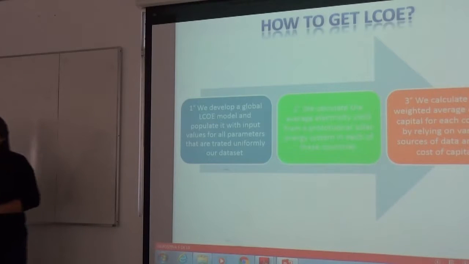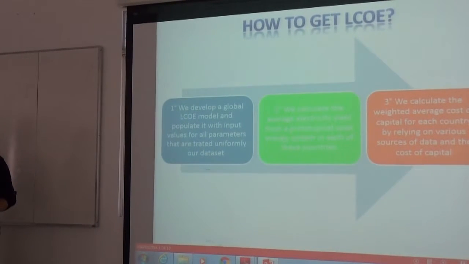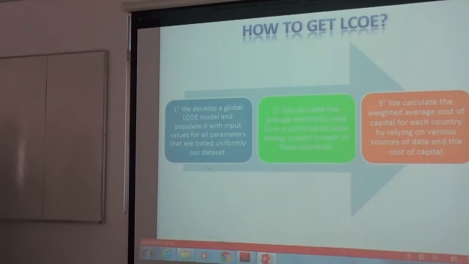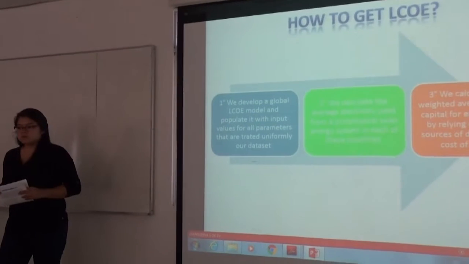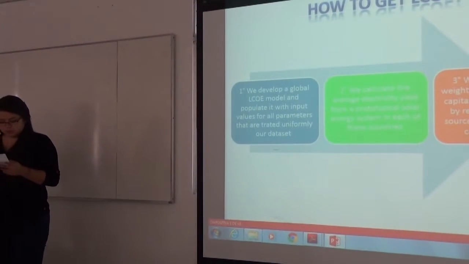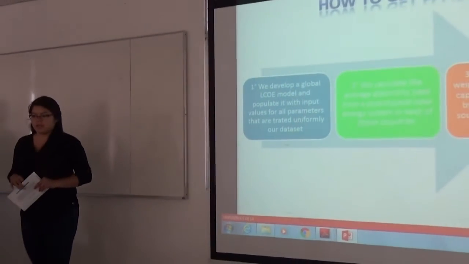Among the various measures, the levelized cost of electricity, LCOE, is the most commonly used indicator.